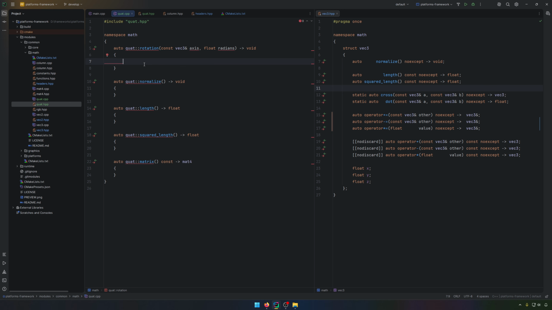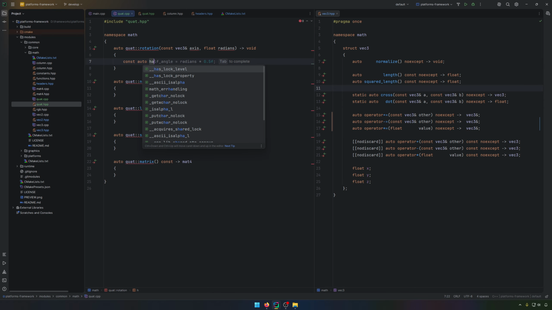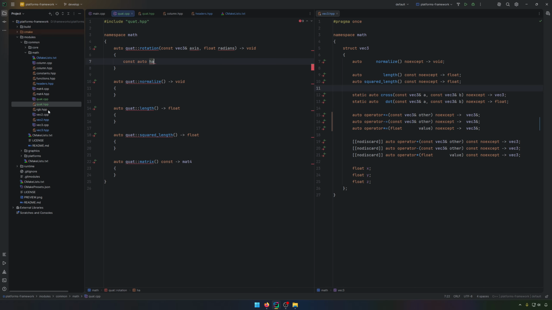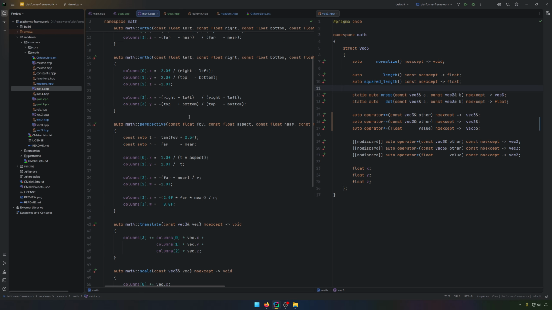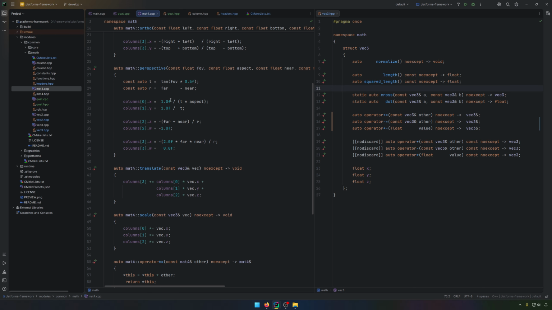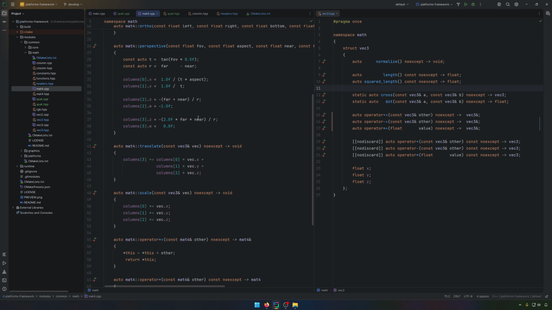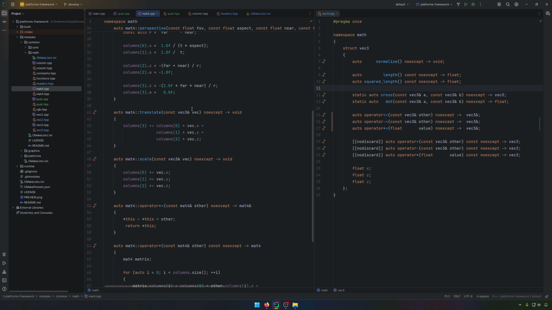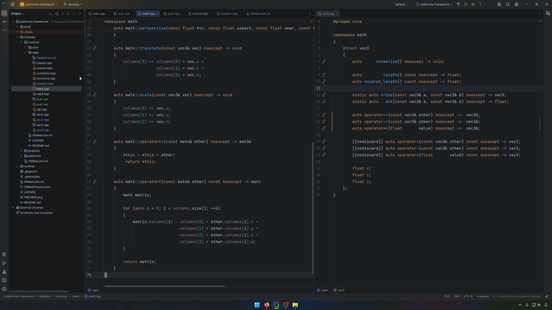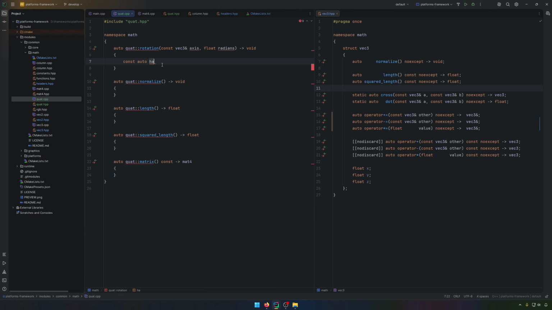So how do we start? First, what we need to do is to have a half angle. I will call it just A, because in the math also I use some acronyms, some small letters to represent something. So I will keep the same here.